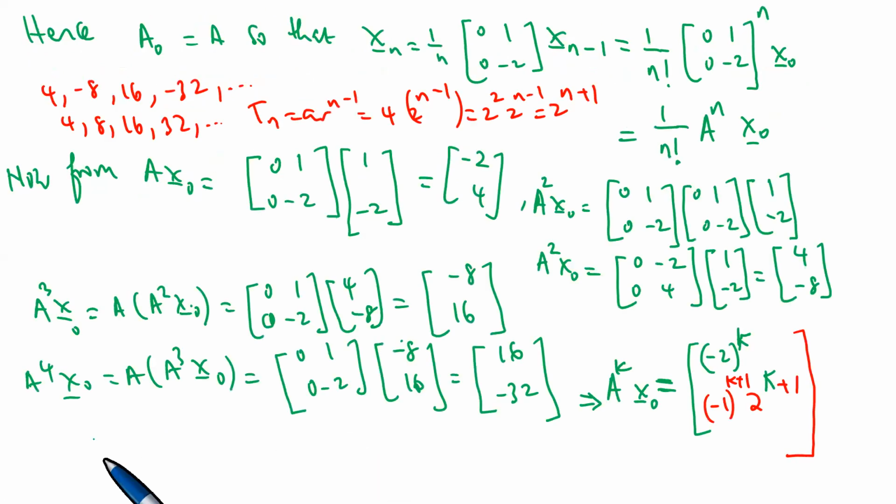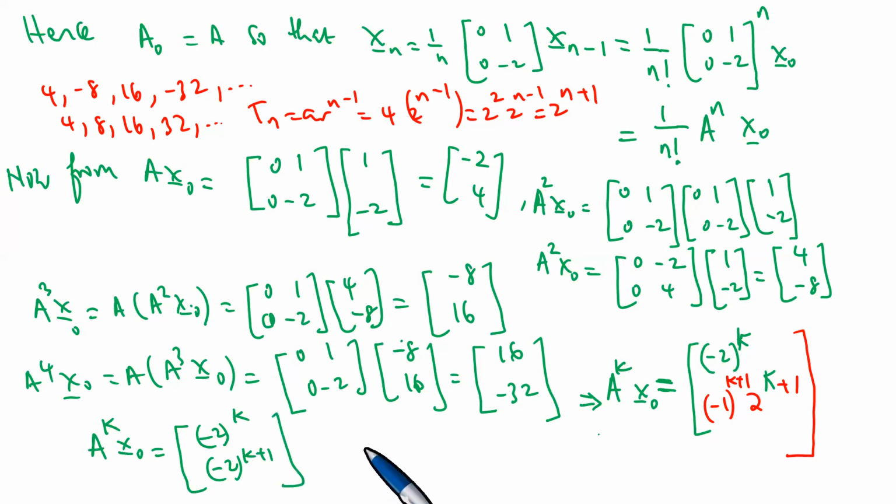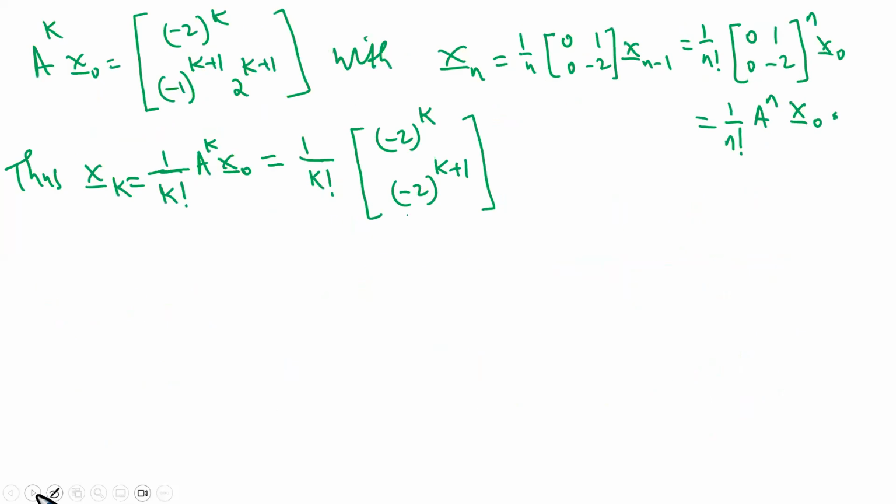Just make a note here that this one is to the power k, minus 2 to the power k plus 1, like so. It can be written like this or like this. You can put the minus 1 inside there, making it more compact. And we can therefore have this.